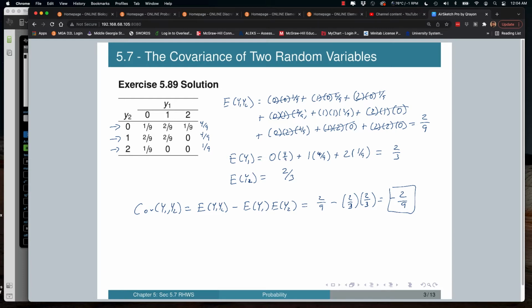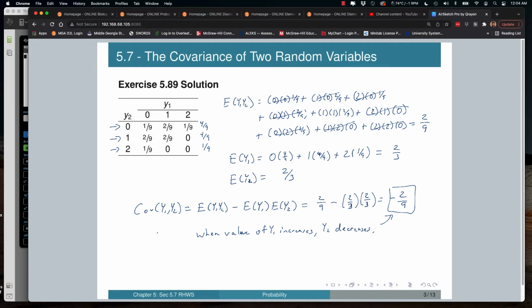That essentially tells us that as the value of y sub 1 increases, the value of y sub 2 tends to decrease. All right, so what does that tell us? When the value of y sub 1 increases, y sub 2 decreases.